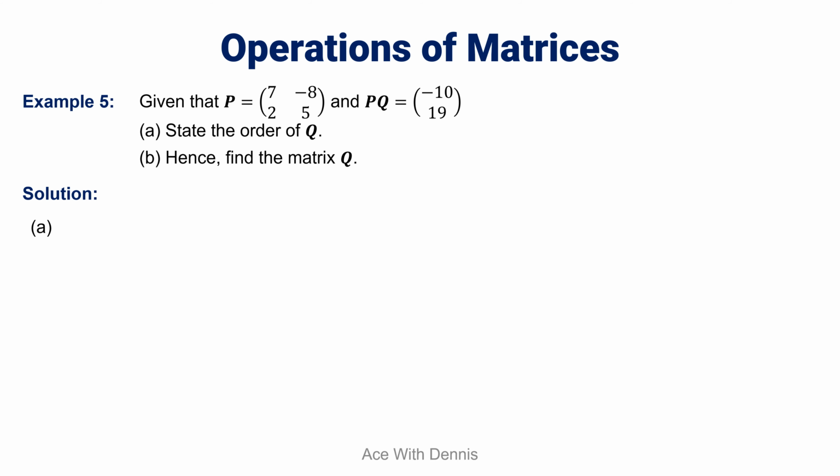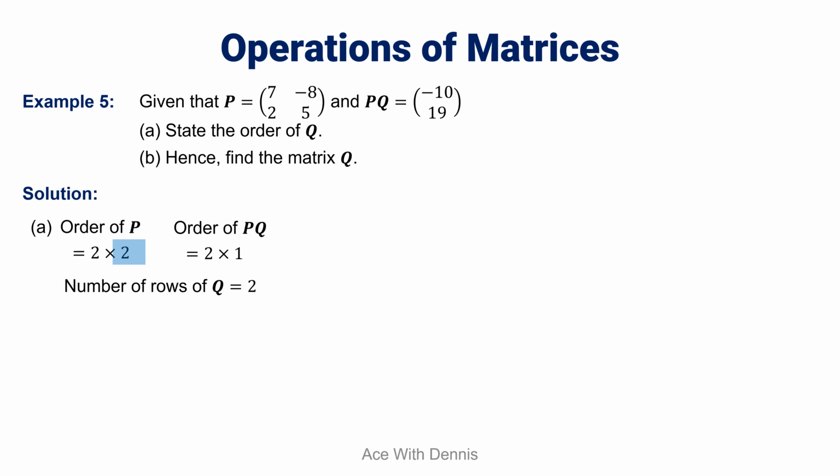For A, to find the order of matrix Q, first let's see the order of matrix P. It is 2 times 2. And the order of matrix P times matrix Q is 2 times 1. So to find the order of matrix Q, we look at this number 2 here, which means the number of rows of matrix Q is 2, and this number tells us the number of columns of matrix Q is 1. Hence, the order of matrix Q is 2 times 1.